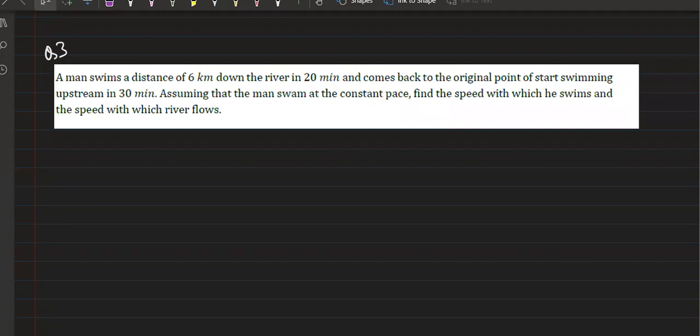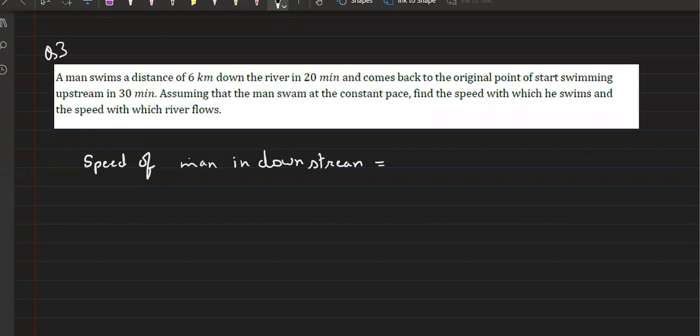So speed of man in downstream, right? Yes, speed of man in downstream. It is given that a man swims a distance of 6 kilometers down the river in 20 minutes, right?